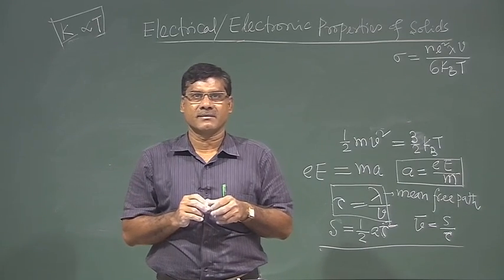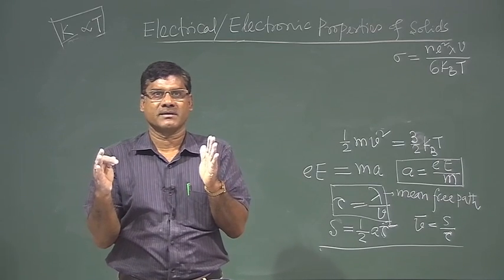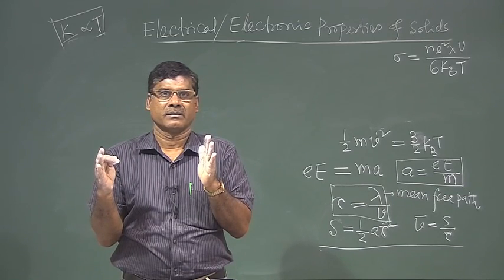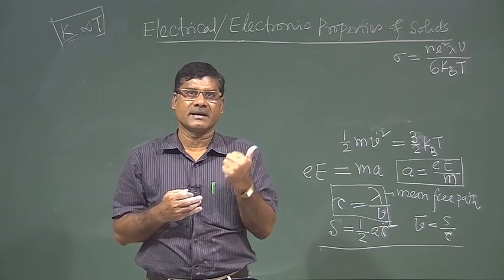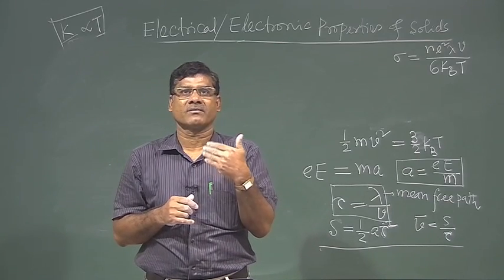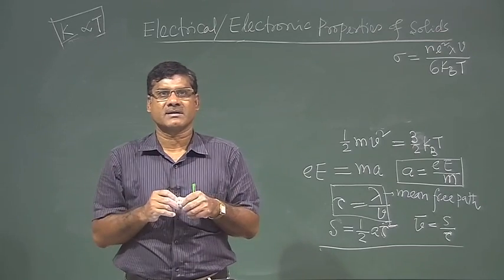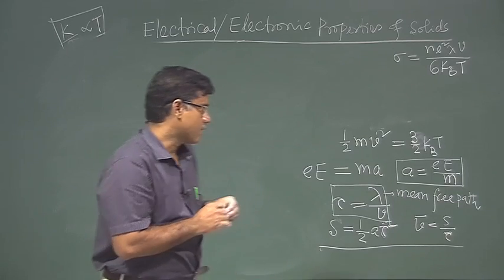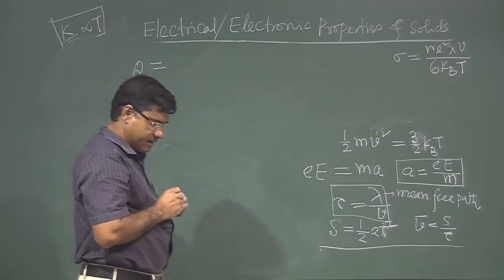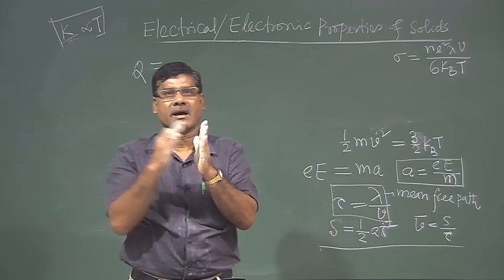Similarly, for thermal conduction we have to apply a temperature difference. Earlier, in case of electrical conduction, we expressed the amount of charge or current that flows through the potential difference. Here, the amount of thermal heat transfers from one temperature to another temperature.